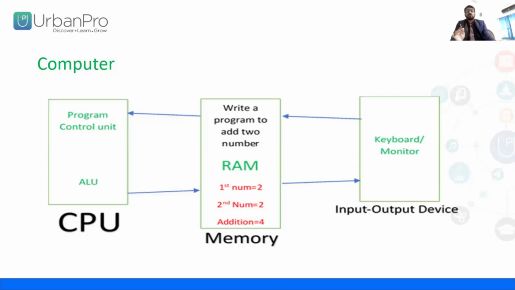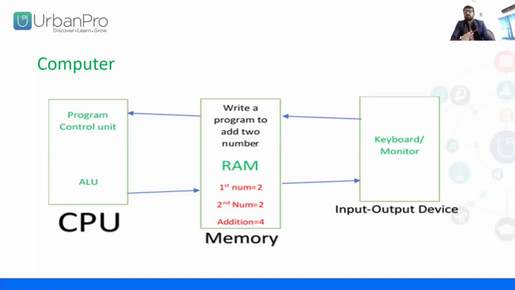Okay. So here what happens? After executing the program, the CPU asks the user, first number equals what? Then the user enters 2. As soon as you enter 2, for the second number you will have to enter another number 2.